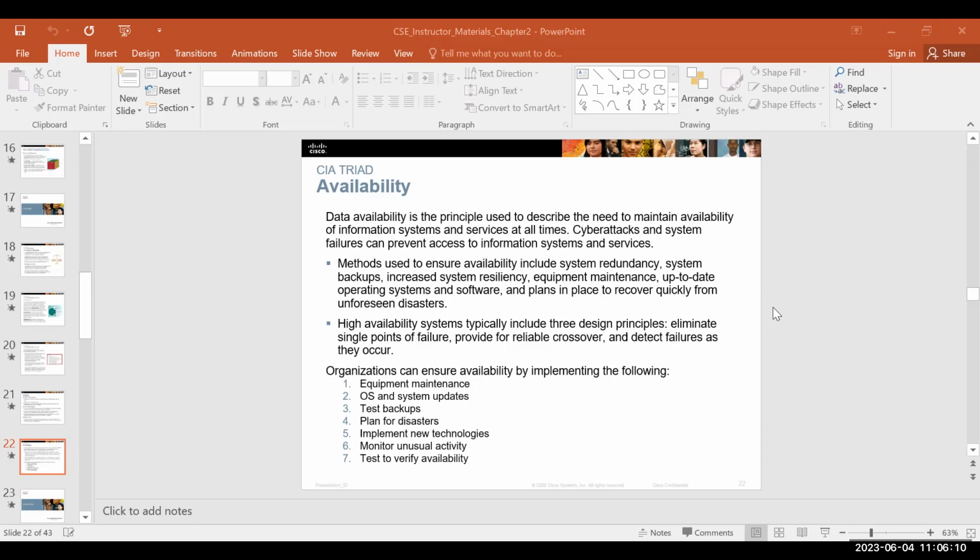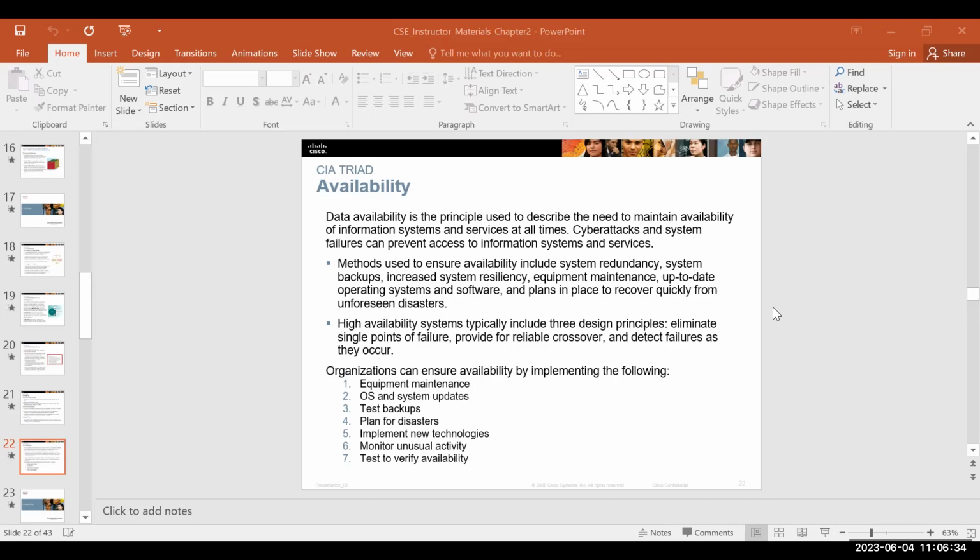Up-to-date operating systems and software: you should always apply, maintain, and update your operating systems and software. Plans in place to recover quickly from unforeseen disasters. There should be fantastic disaster recovery plans in place that are tested and found working.